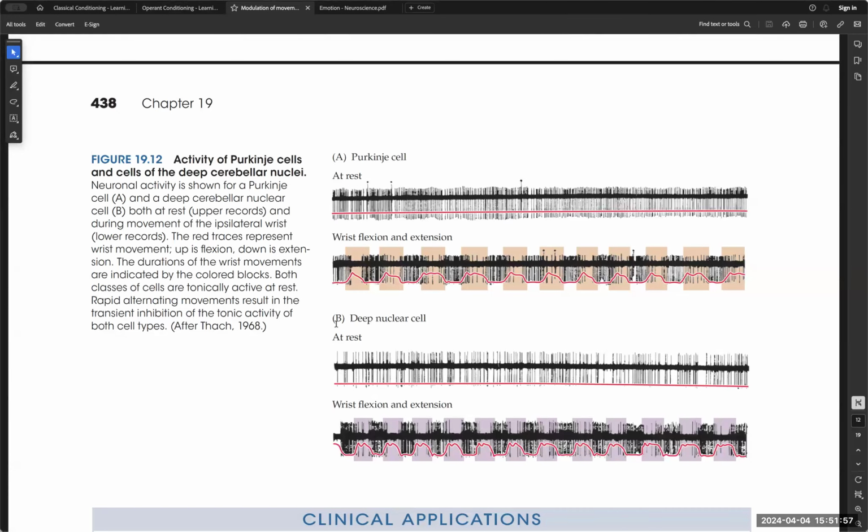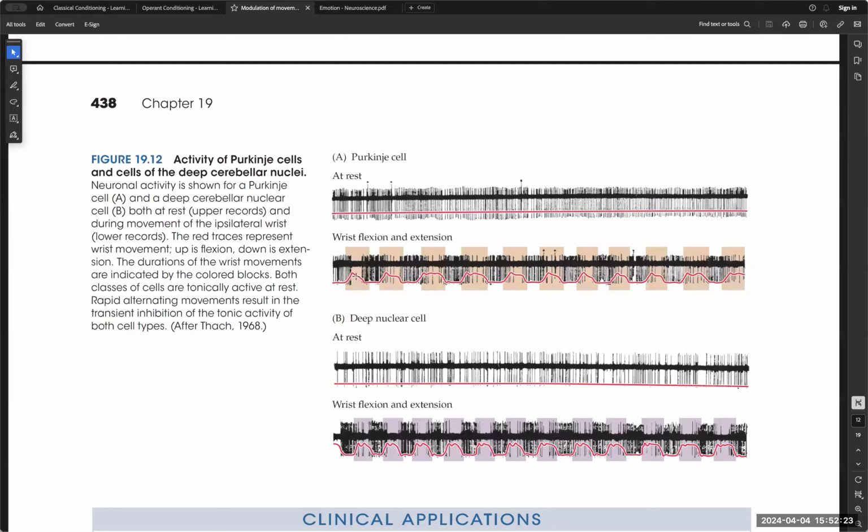And as you can see here, there is flexion and extension of the wrist. The flexion is the bump, the red bump that you can see here. Look at how the activity of the Purkinje cell goes down, and then it goes back when that goes away. All right? So apparently something is happening here.